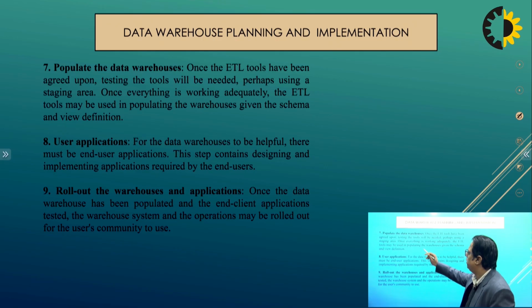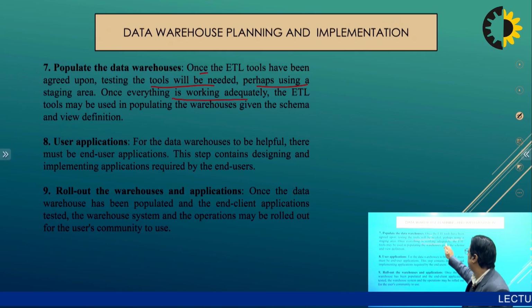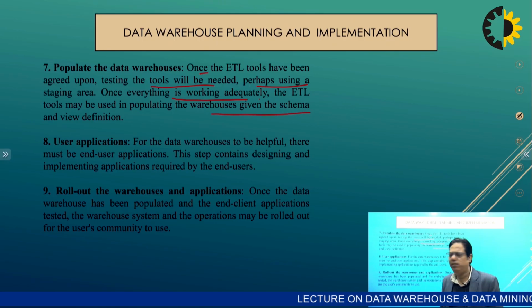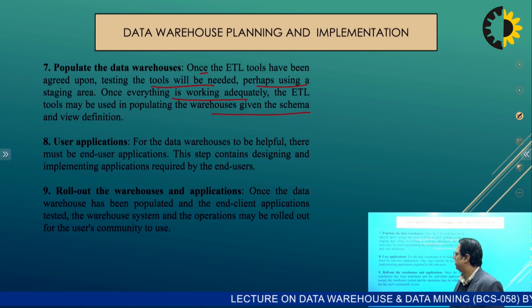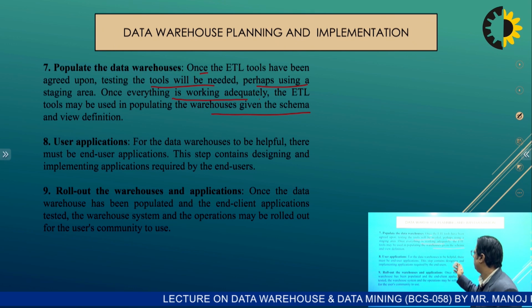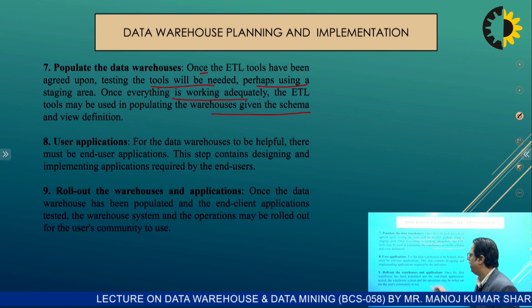Now the next point is populate the data warehouse. Once the ETL tool has been agreed upon, testing the tools will be needed, perhaps using a staging area. Once everything is working properly, the ETL tools may be used in populating the warehouse given the schemas and view definitions. User applications: for the data warehouse to be helpful, there must be end user applications.